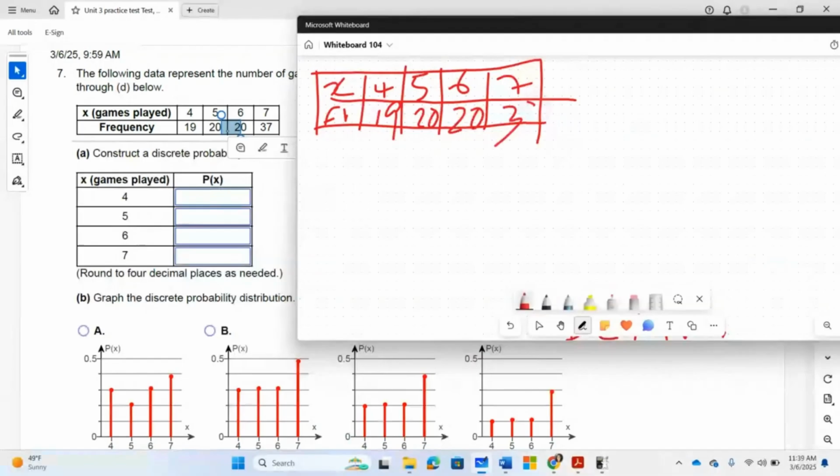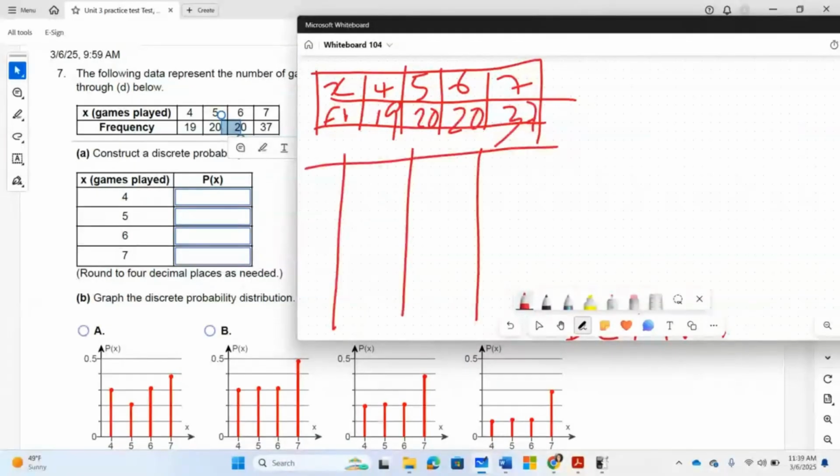All right, I'm now going to make a probability distribution from a frequency distribution. So for random variable 4, I need to find the total frequency from the frequency distribution.